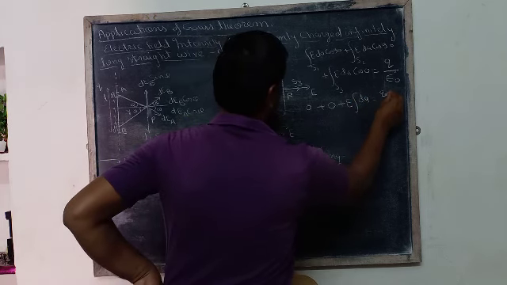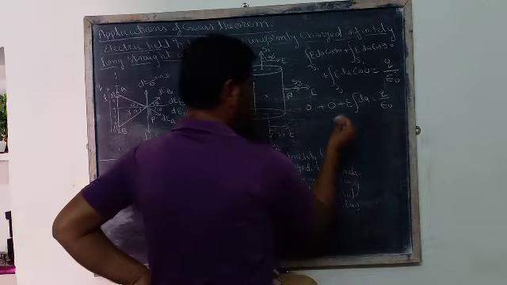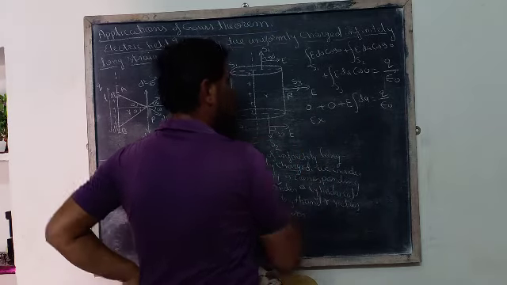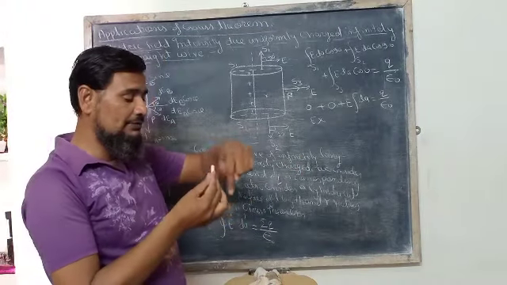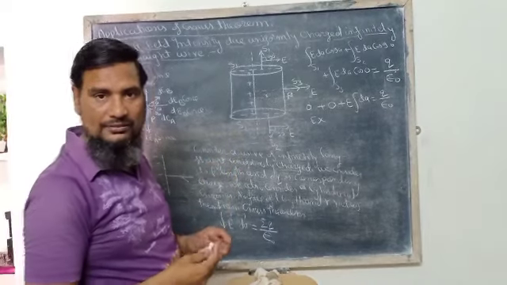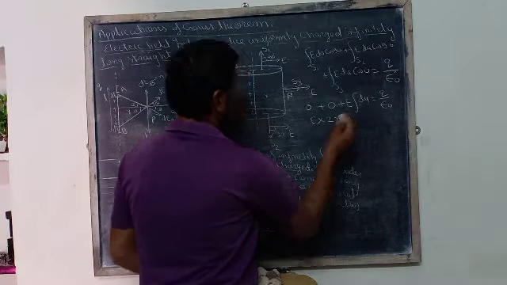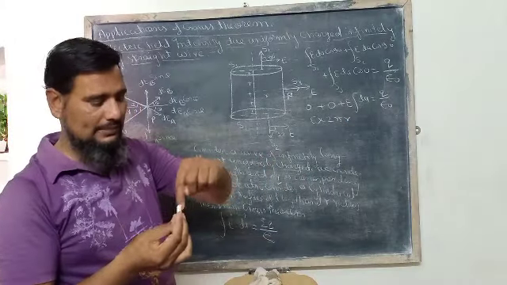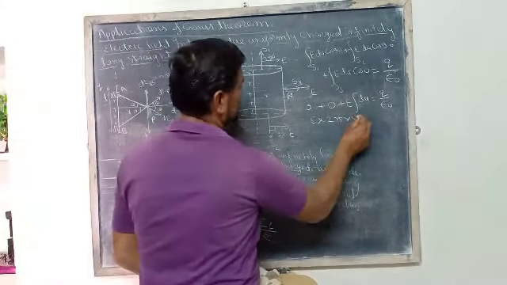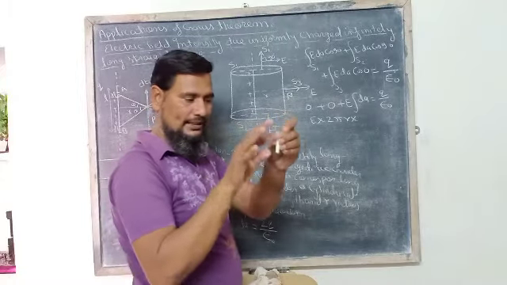For surface S1 it is 0, for S2 it is also 0, and for S3, the integral of E dA is equal to Q upon epsilon naught. That is E into the area of the curved surface, which is 2 pi r L, where 2 pi r is the breadth and L is the length of the cylindrical surface.